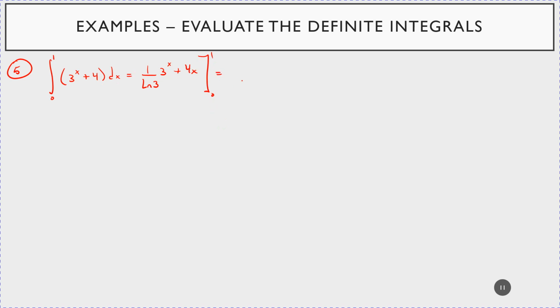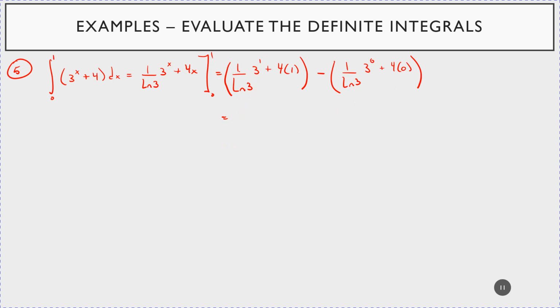Well, now just plug in 1. Okay? So this is 1 over the natural log of 3 times 3 to the first power, plus 4 times 1. Now plug in 0, minus 1 over the natural log of 3 times 3 to the 0 power, plus 4 times 0. Well, 3 to the first power is 3, excuse me.